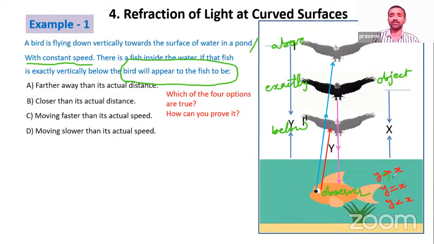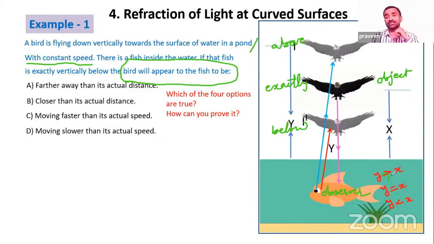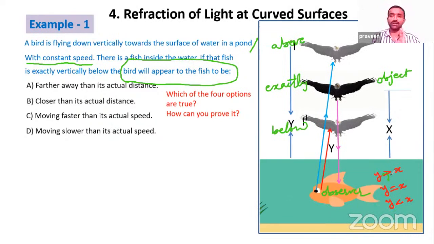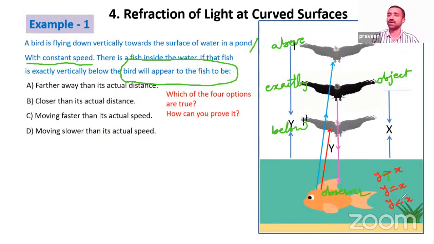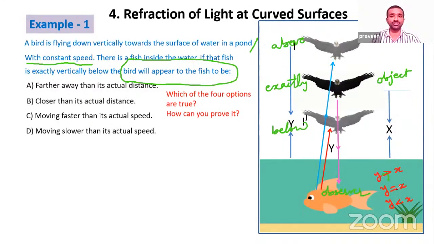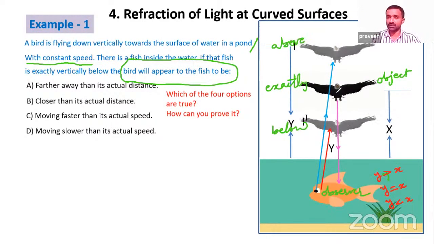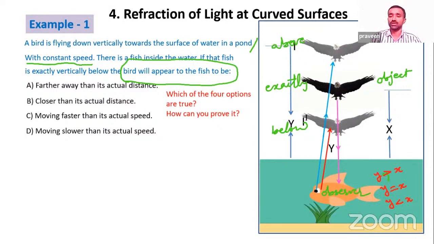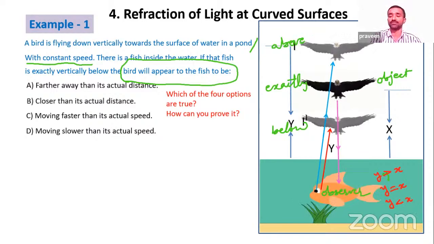So based on my answer, if I get y equal to x, I'll say exactly at the actual distance. If I get y greater than x, I'll say far. If y is less than x, I'll say it is below. So there are three possibilities. Let us see which is correct for the given information. We are clear what the object is and what the image is here.